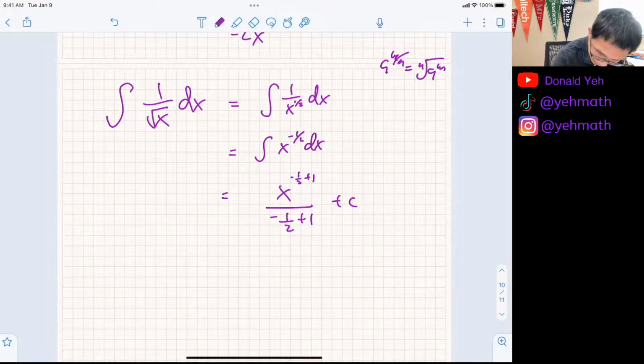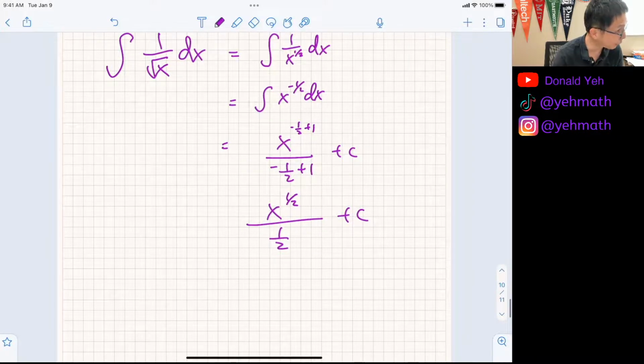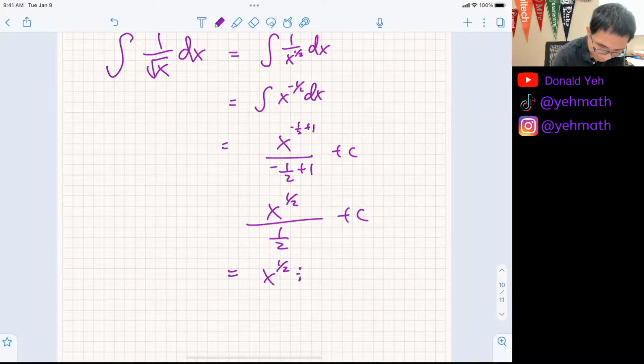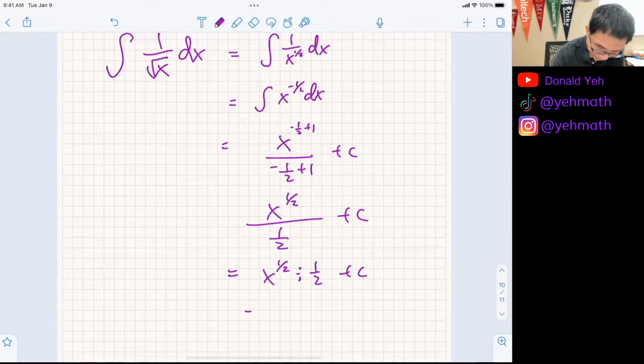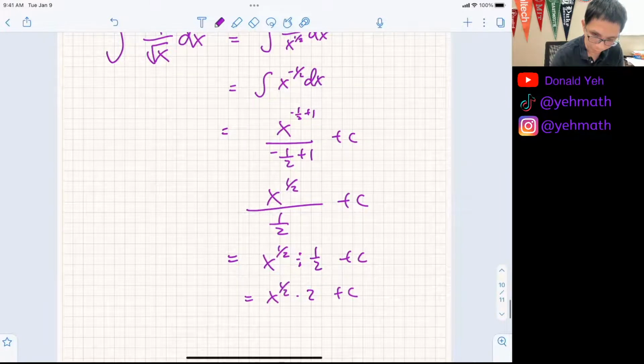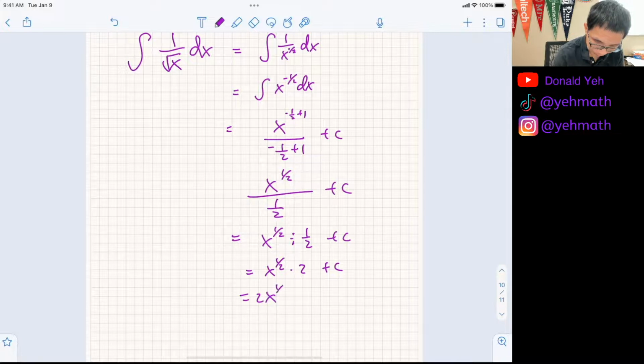I'm going to say that's x to the 1/2 over 1/2 plus c, right? Now, if you divide by fractions, x to the 1/2 divided by 1/2 is the same thing as times 2. Does that make sense? I thought it was n minus 1 for the x. That's for regular power. It's n plus 1, not n minus 1. Right. Does that make sense, Mia?